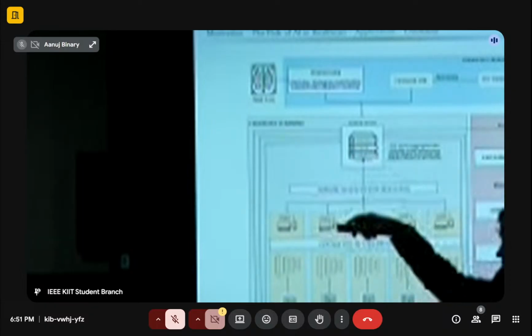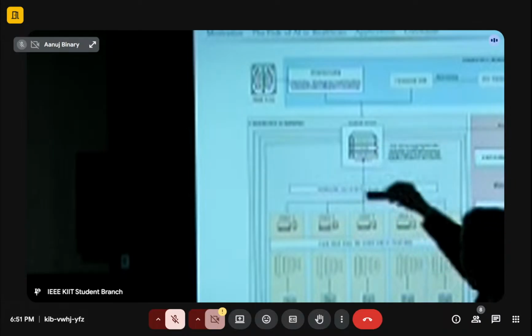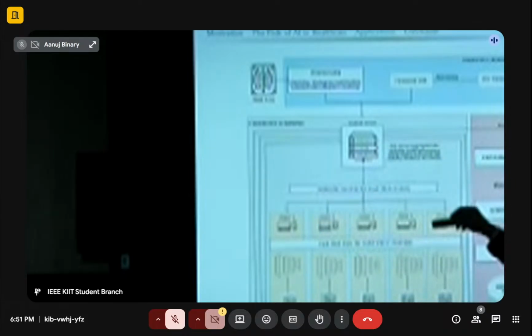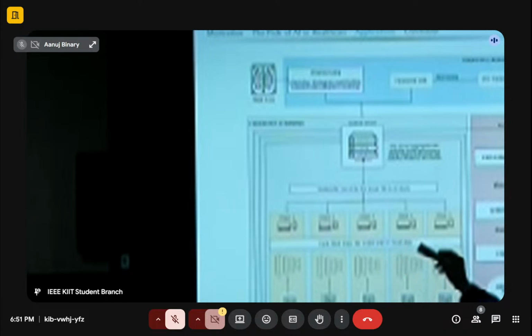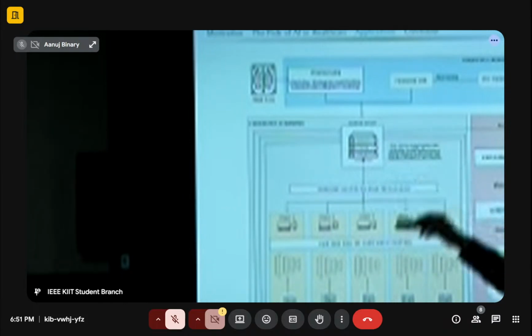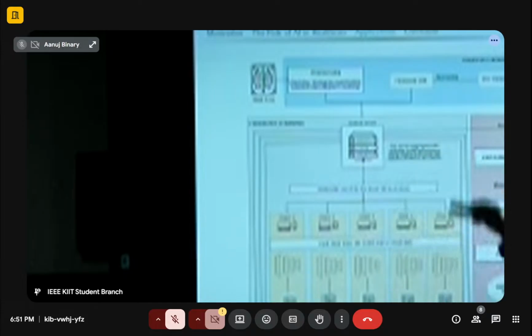Similar to the previous slide, each client trains the model with its local data, and they send it to the central server. This process repeatedly takes place.